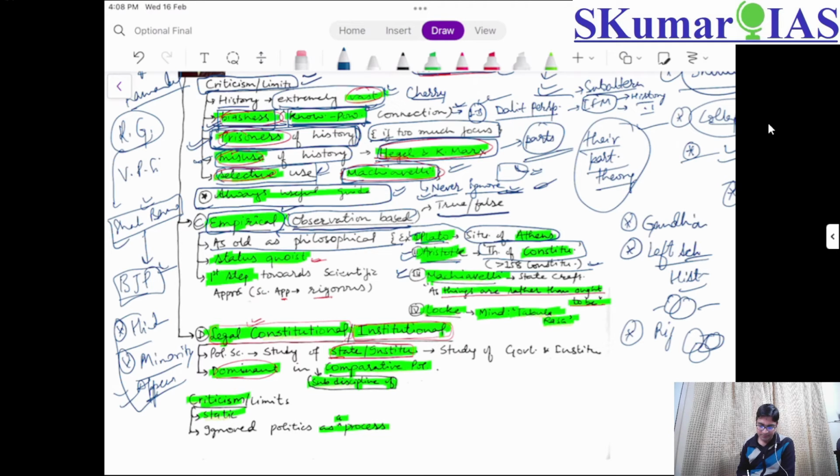Then Machiavelli, in his statecraft, says that a prince should know things as they are rather than as they ought to be. That will only happen if the prince takes empirical observations into account. And then we can also take the example of John Locke. He says that the mind is tabula rasa.